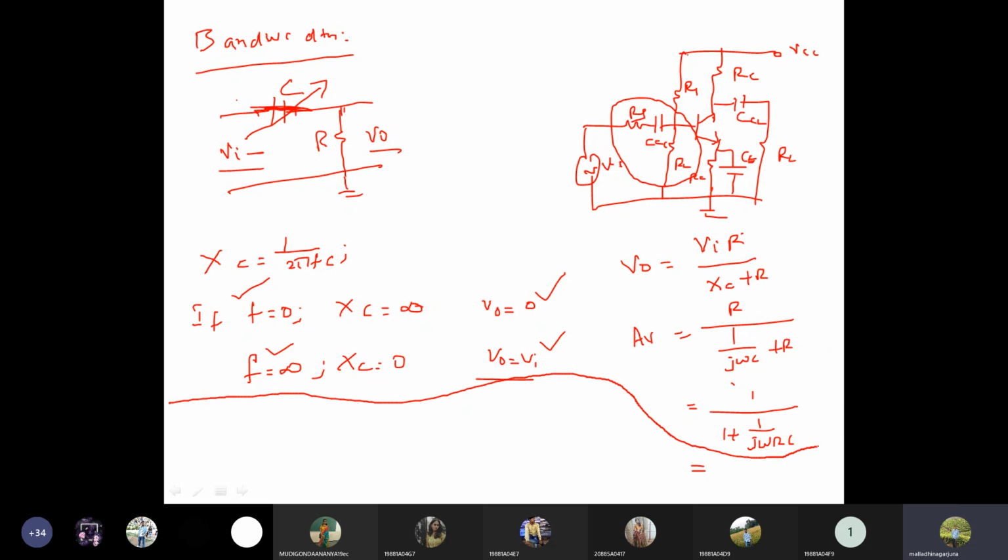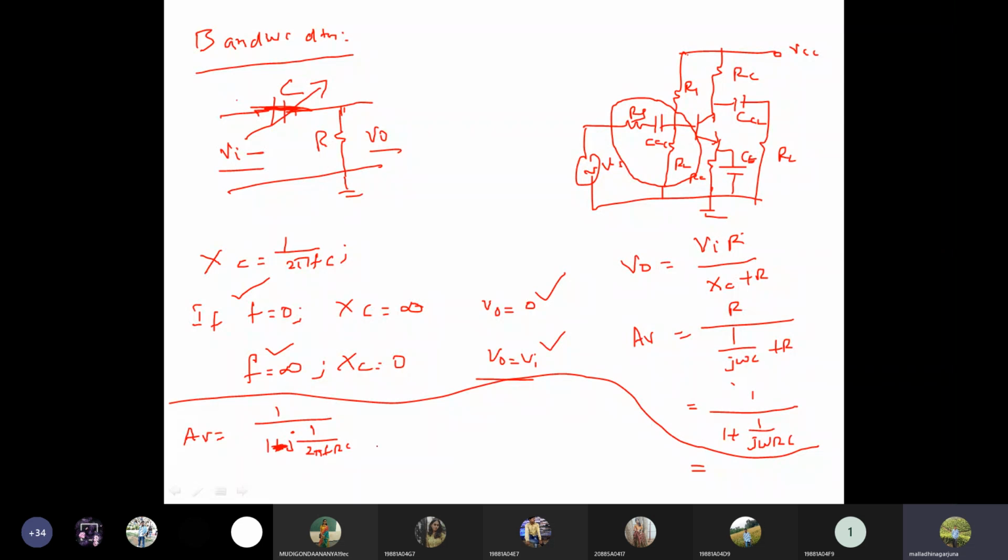So Av equals 1 by 1 plus 1 by j omega RC, where omega is 2 pi f, so 2 pi f RC. 1 by j is nothing but minus j.